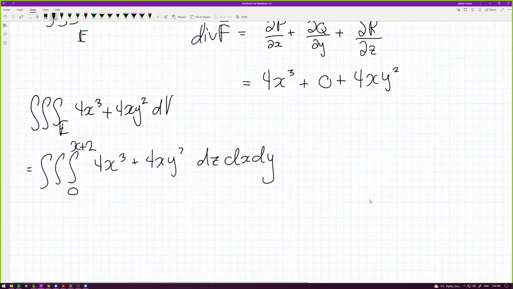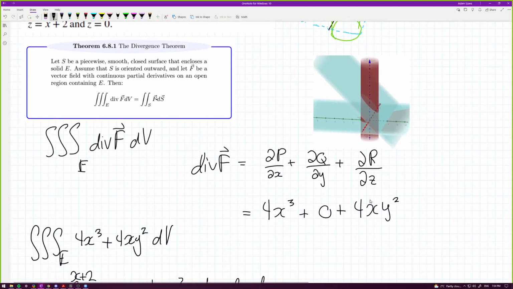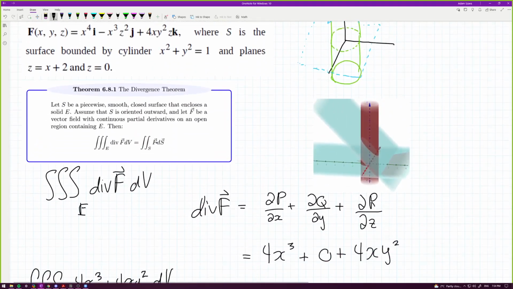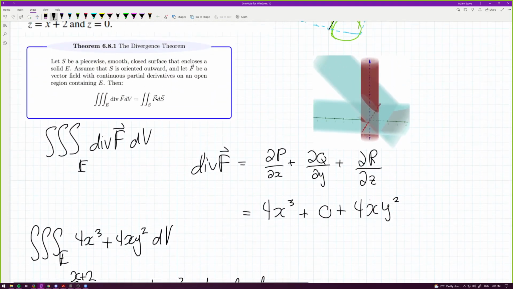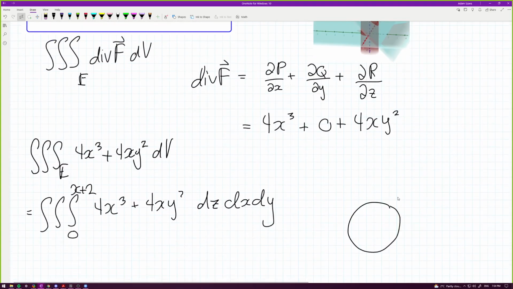Then I want to find the bounds for x. If I look at a top-down view of this, it's really just a circle with the equation x squared plus y squared equals 1.